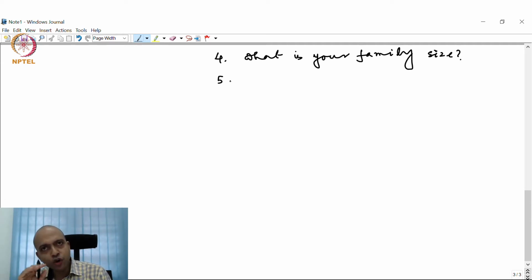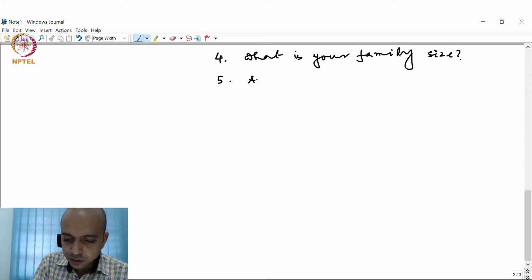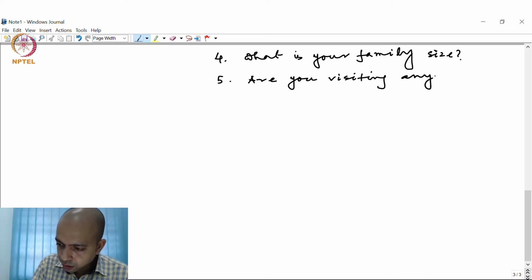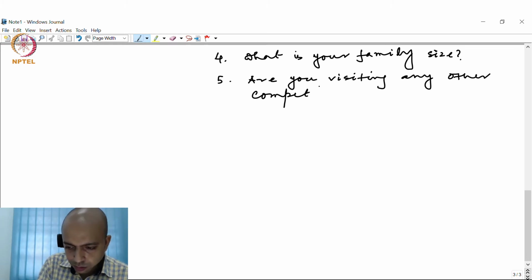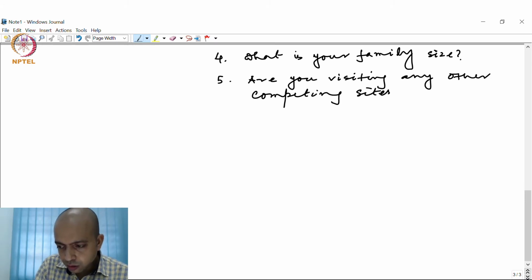So there would be some common cost and some site-specific cost. So we need to ask: are you visiting any other competing sites nearby?